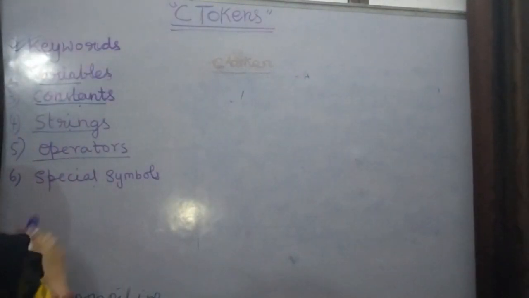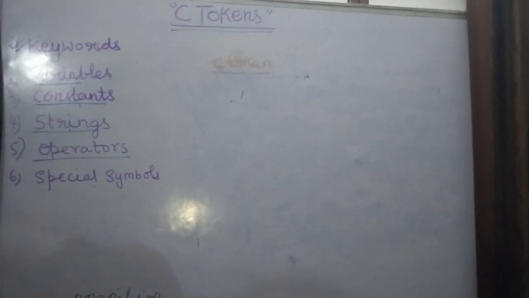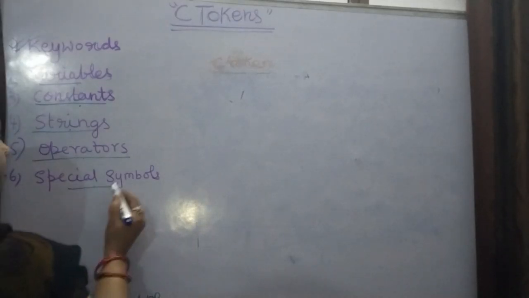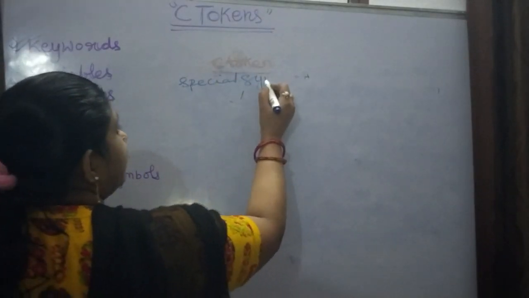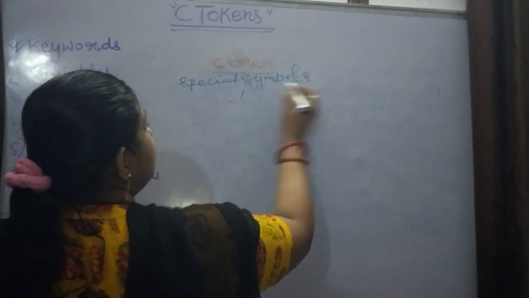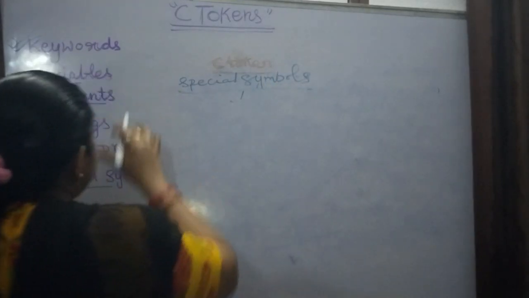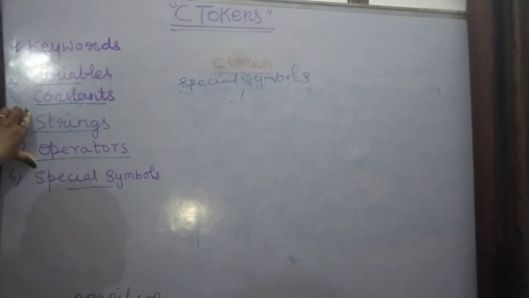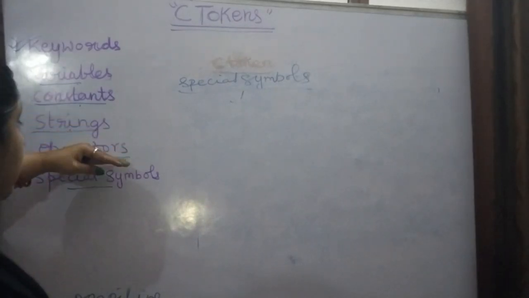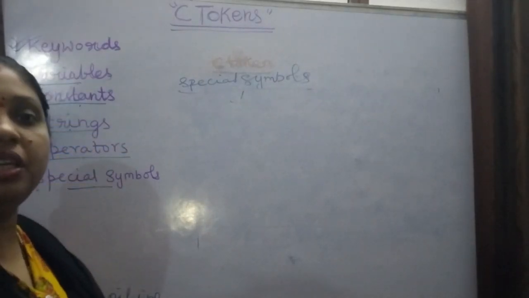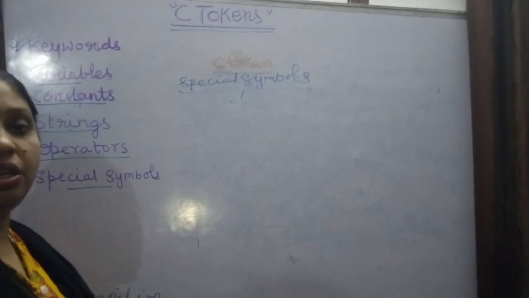Next is special symbols. What are special symbols? Special symbols are those symbols other than the C tokens covered so far, the remaining symbols on the keyboard.